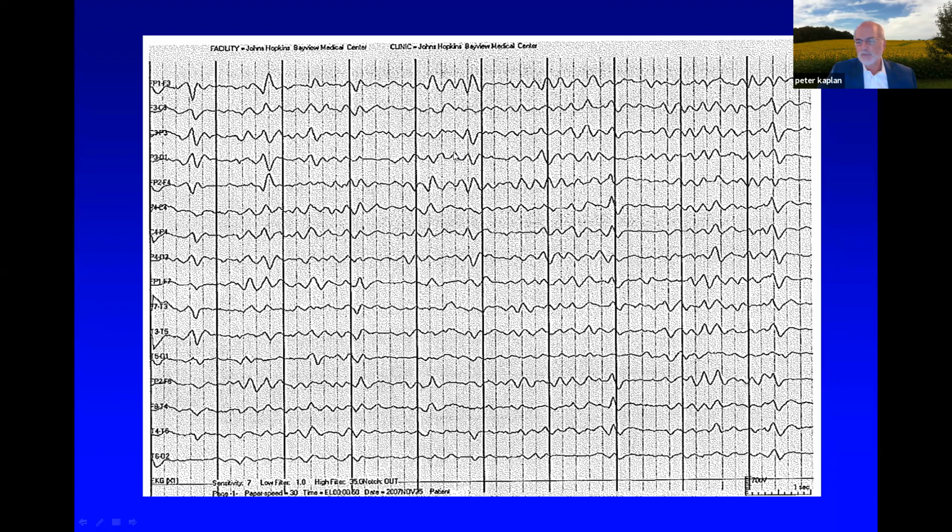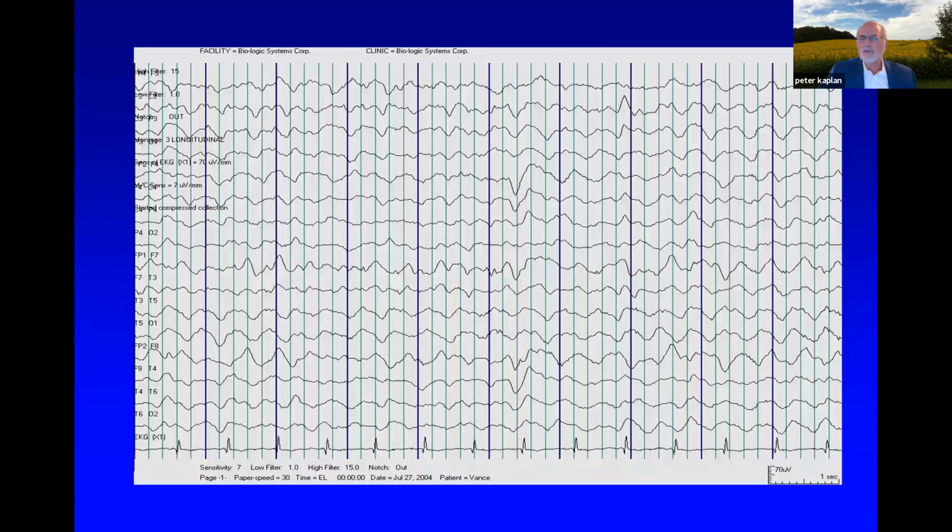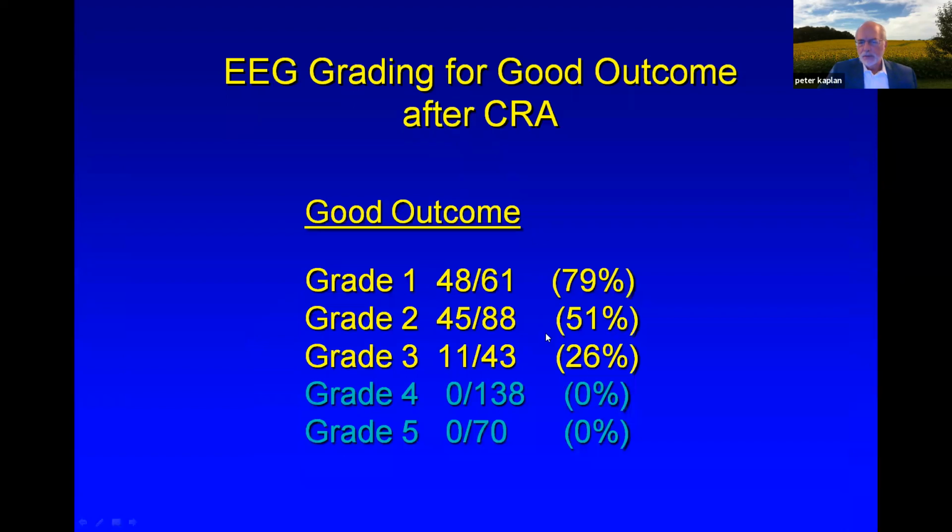And again, this would reflect the grade 2 of an anoxic pattern. In this case, though, this was due to hypoglycemia. This is now with a lot of polymorphic slow activity. You can see there's a mixture of this delta here with faster theta, would correspond to the delta pattern, the grade 3. And now we're going down to some of the worst grades.